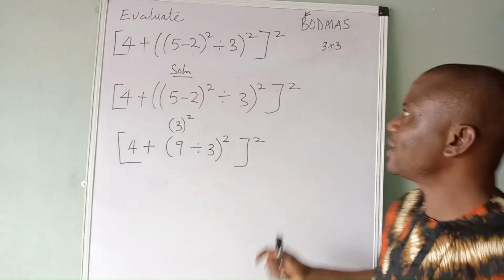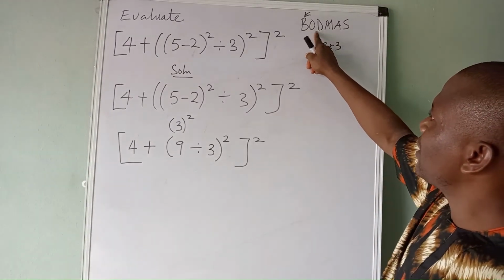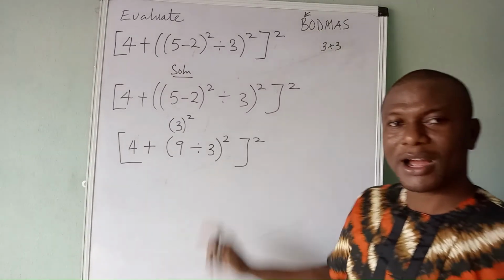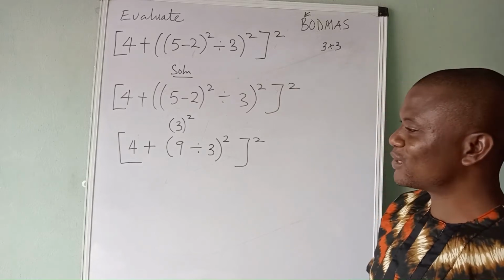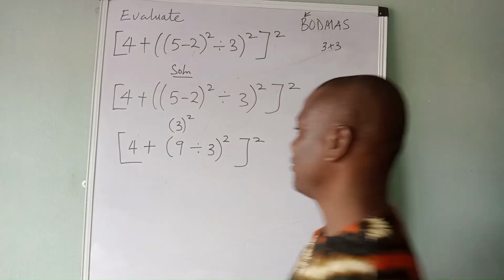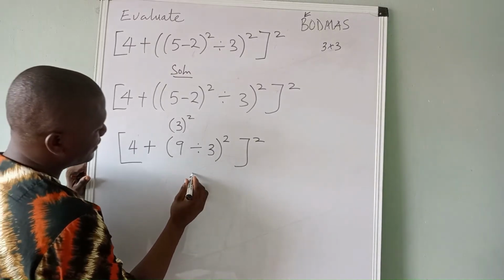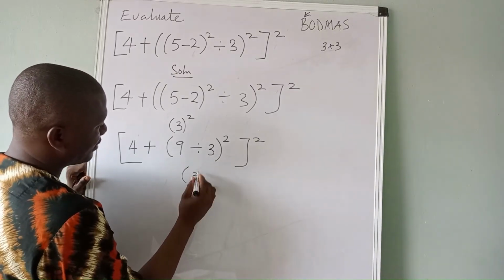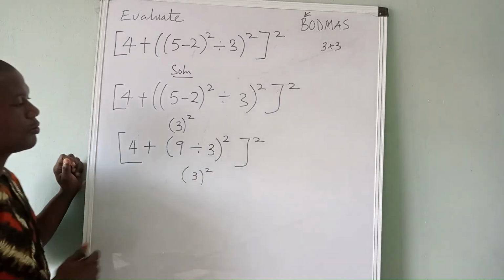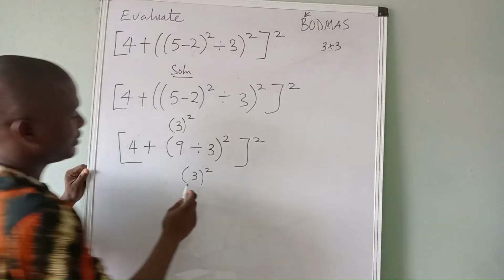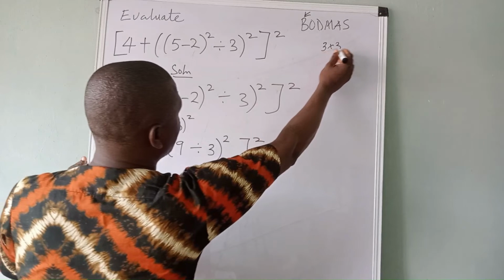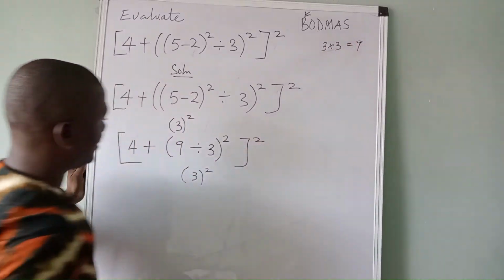So you consult BODMAS again, bracket of division. There are also brackets, so we need to do justice to the bracket that we have. 9 divided by 3 is the same as 3, but raised to the power 2. We have to resolve that. 3 raised to the power 2 is the same as 3 times 3, which is the same as 9.